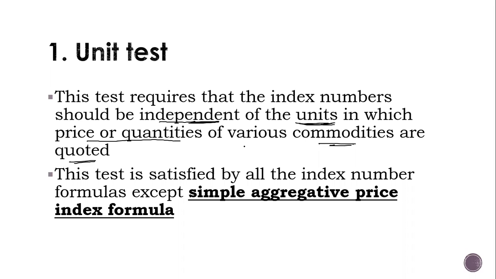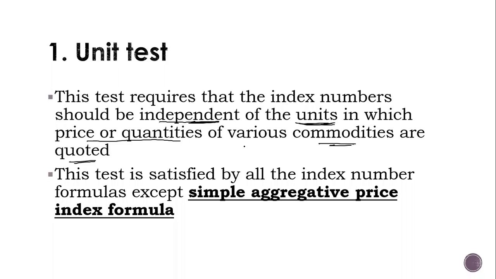For example, if the quantity is changed from kg to quintals, when you change from kg to quintals or vice versa, there should not be any impact on the value.